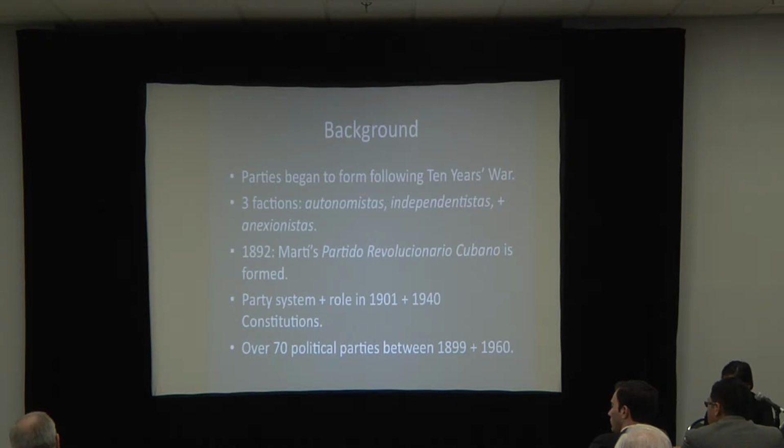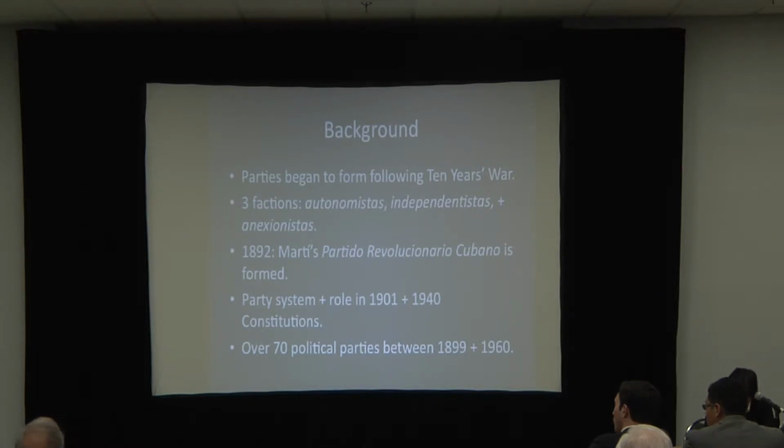When the 1940 Constitution comes along, there's a lot more emphasis on the party system that will be implemented, and there's more detail into what will come afterwards. Between 1899 and 1960, I know this is on the conservative side, there are over 70 political parties.